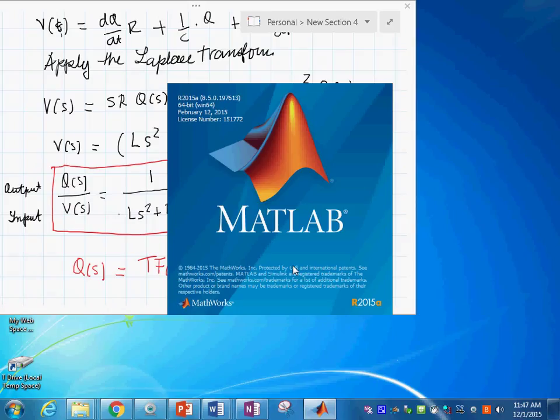The idea here is, as you can see ahead of time, that I'm going to give it the numerator description and the denominator description. After that, I should have the transfer function like this. And then, of course, I want to do a step input.